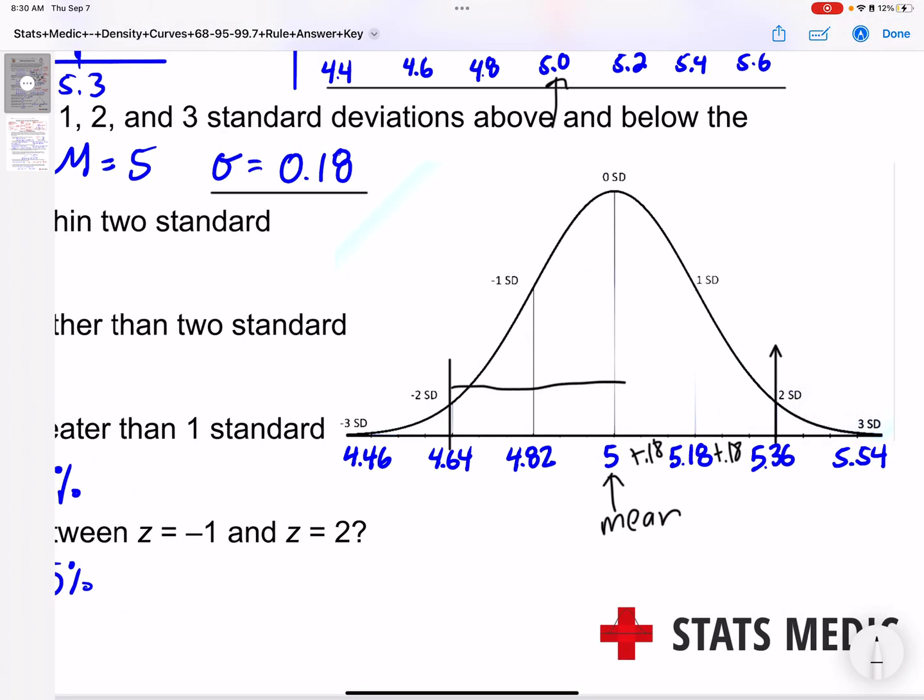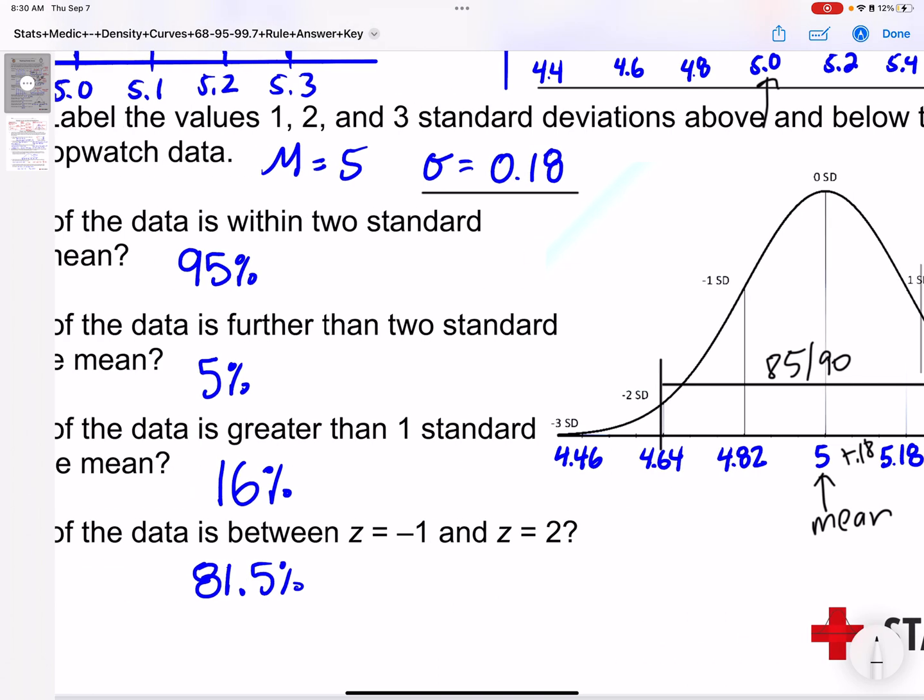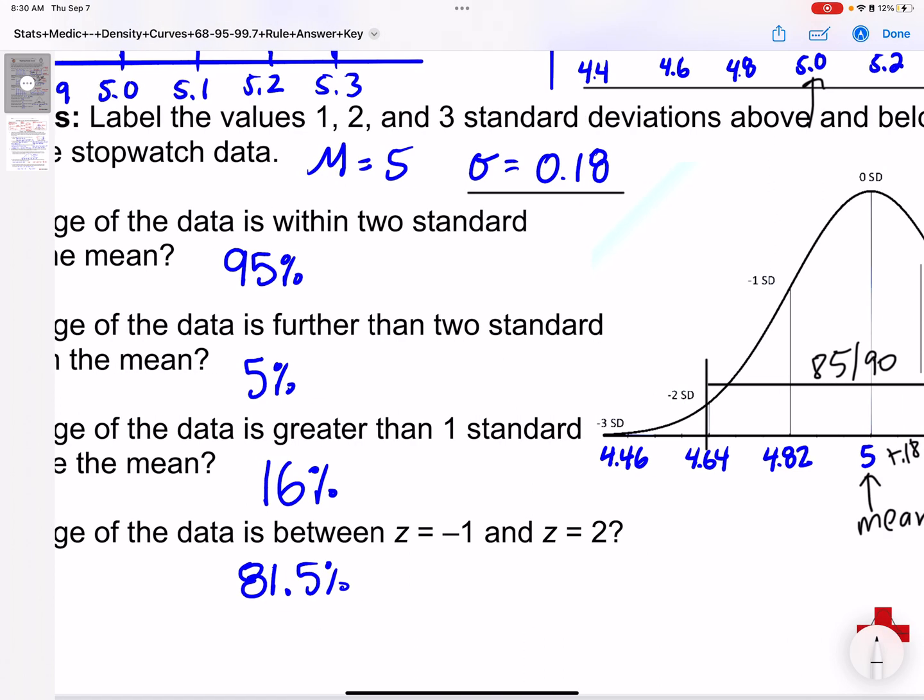And this is from here to here, from 2 standard deviations. I got about 85 out of 90. And so 85 out of 90 is about 94%, close to 95%.